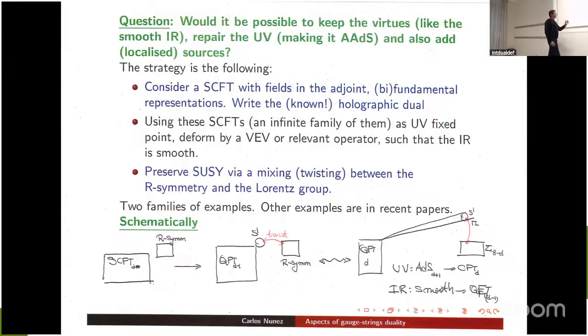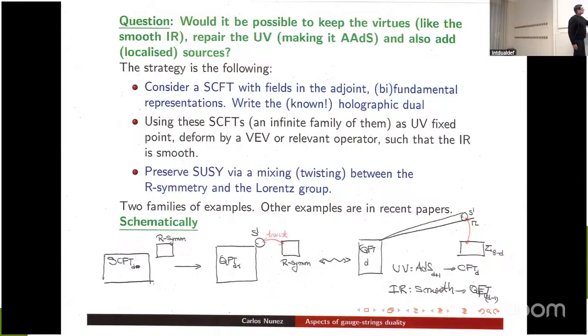These are 2 operations and they happen at the same time. First, I'm going to compactify this conformal field theory on a circle. This is what I'm trying to represent here. And at the same time, we are going to mix the circle with the R-symmetry of the field theory. This trick is there to preserve some supersymmetry in the system. So this is what we're going to do.